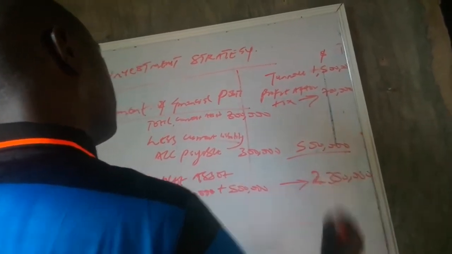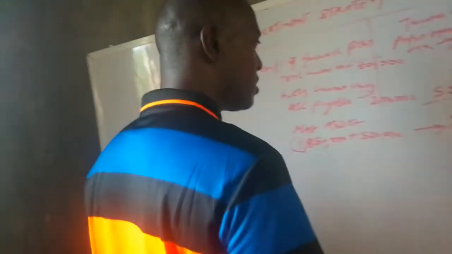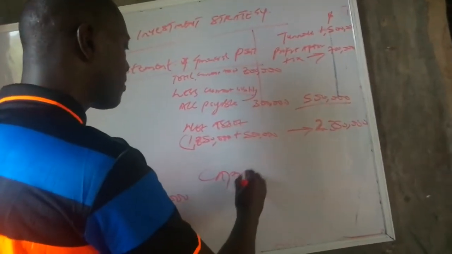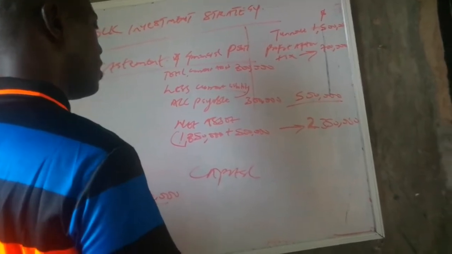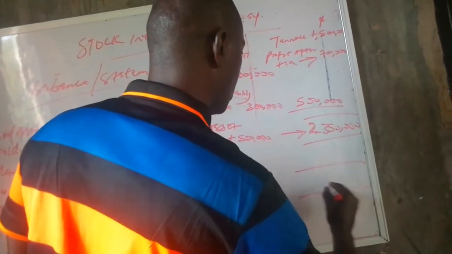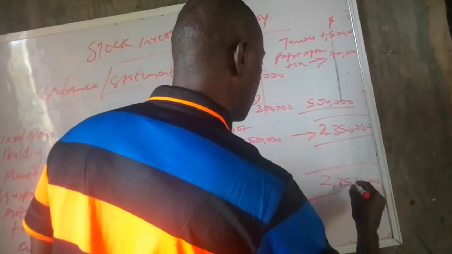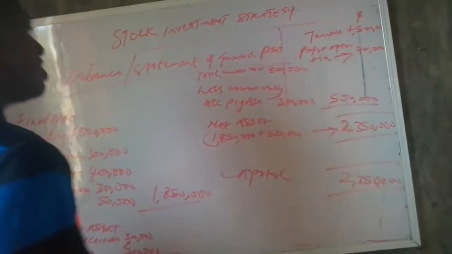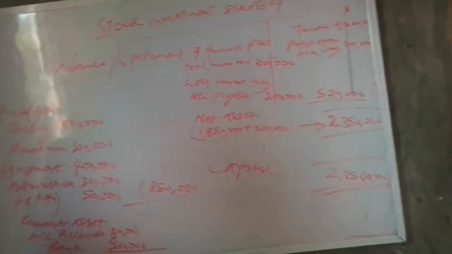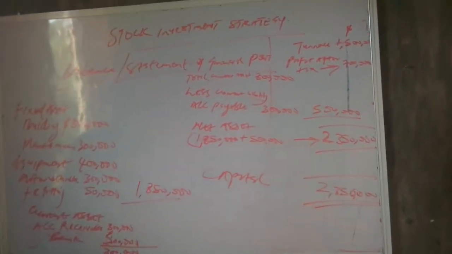So 2,350,000, that's the total net asset. So we have the capital of the business, which will be equal to 2,350,000. So that's how a typical statement of financial position or balance sheet looks like.